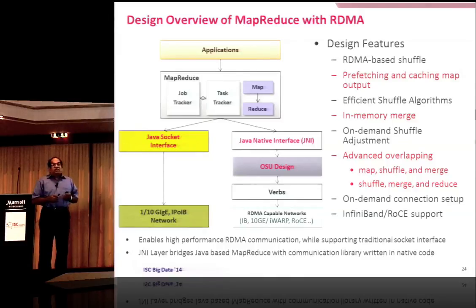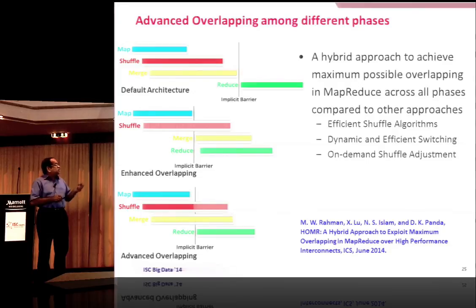Now, we have done similar things for MapReduce. Not just have we changed the network protocol to RDMA, but internally we have also done a lot of additional designs like prefetching, caching map output, efficient shuffle algorithms, in-memory merge, and more importantly, since the communication costs are changing, how do you get a good overlap between the map phase, shuffle phase, merge phase and reduce phase.